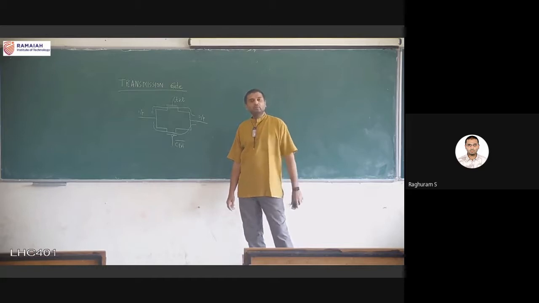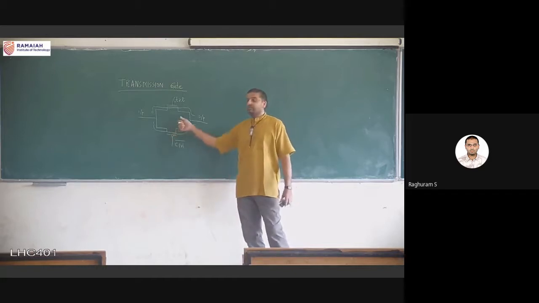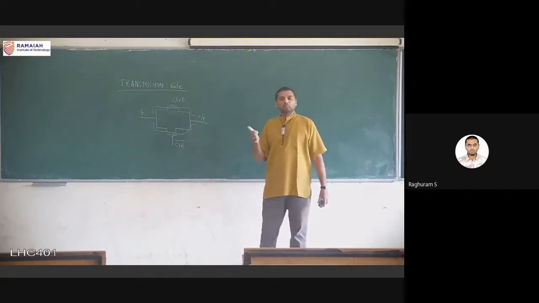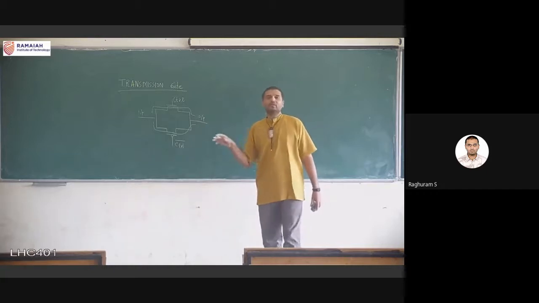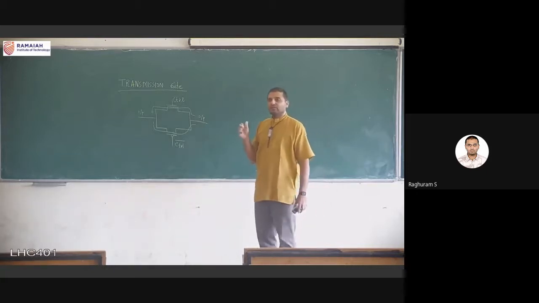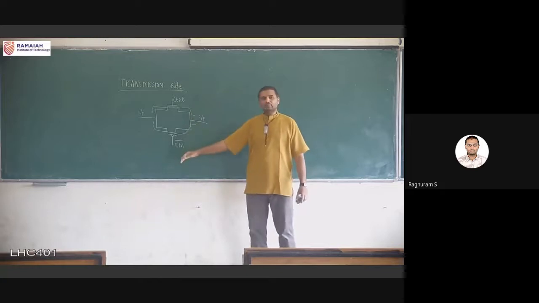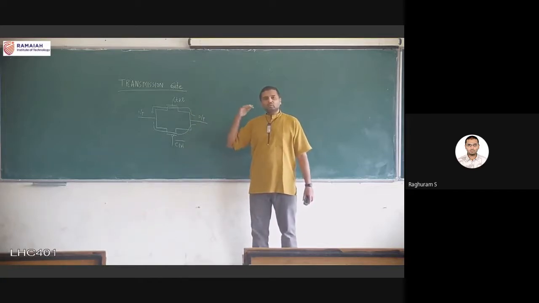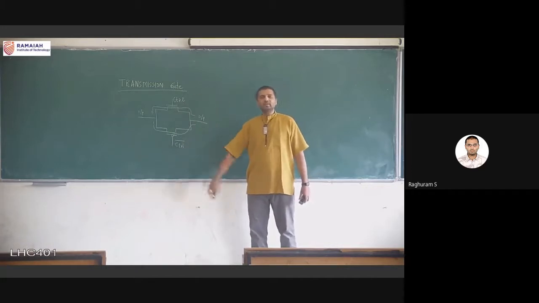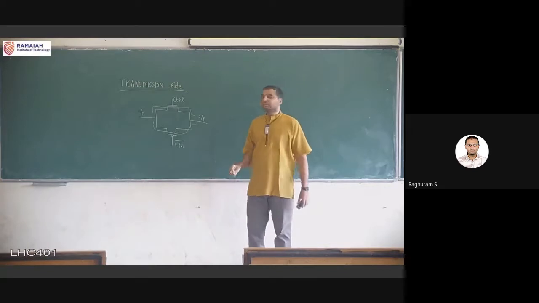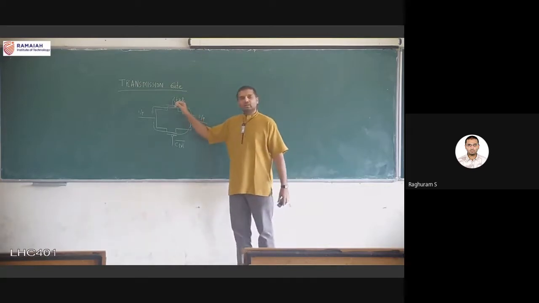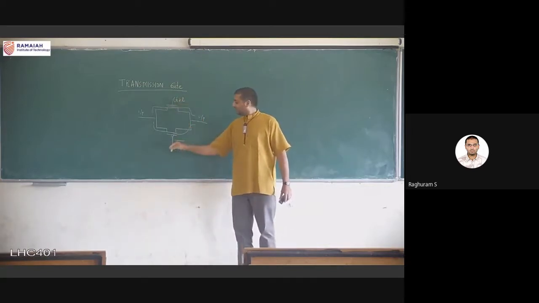Basically, the input and output will have a permanent connection, because if I give a signal and its complement, always one of the transistors is going to be conducting. If NMOS is not conducting, PMOS will be conducting. PMOS not conducting, NMOS will be conducting. So that is why I have to give the control signal for the NMOS to conduct and control bar for the PMOS to conduct.